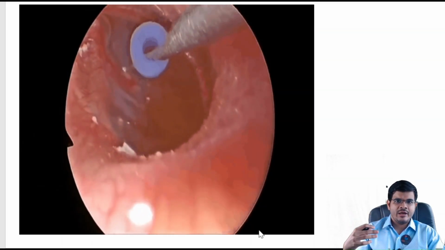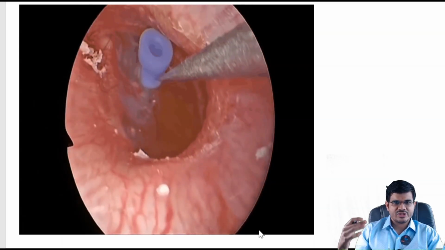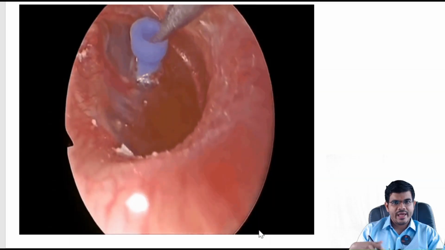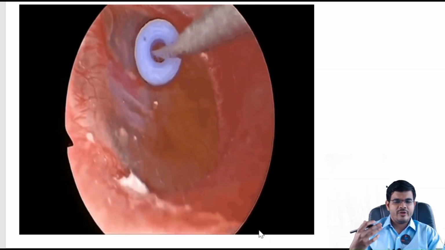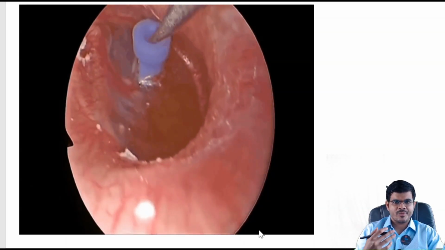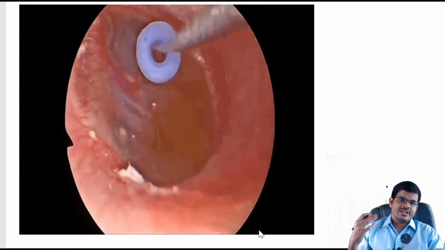The child will go more and more in front of the TV according to the parents, so as to hear the sound. Okay, and there will be delay in speech development because of the hearing loss. About 40 to 45 decibel hearing loss can occur because of the otitis media with effusion. Okay, so that is significant enough to cause a speech delay.